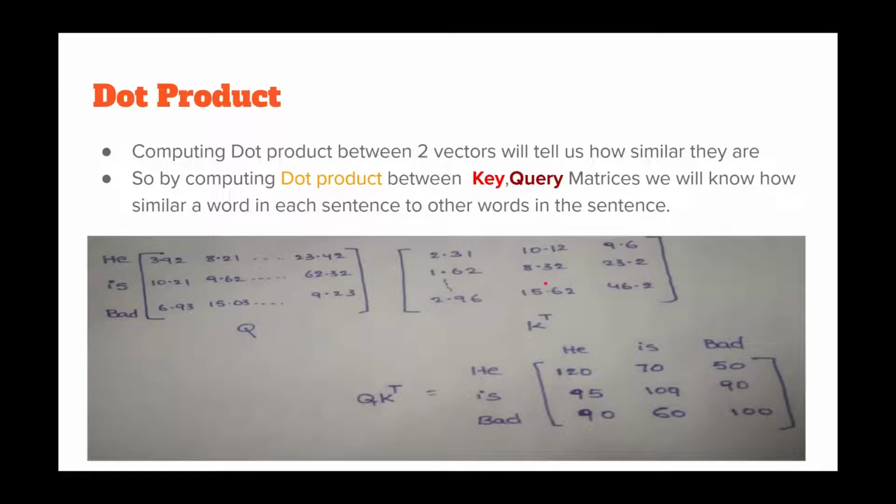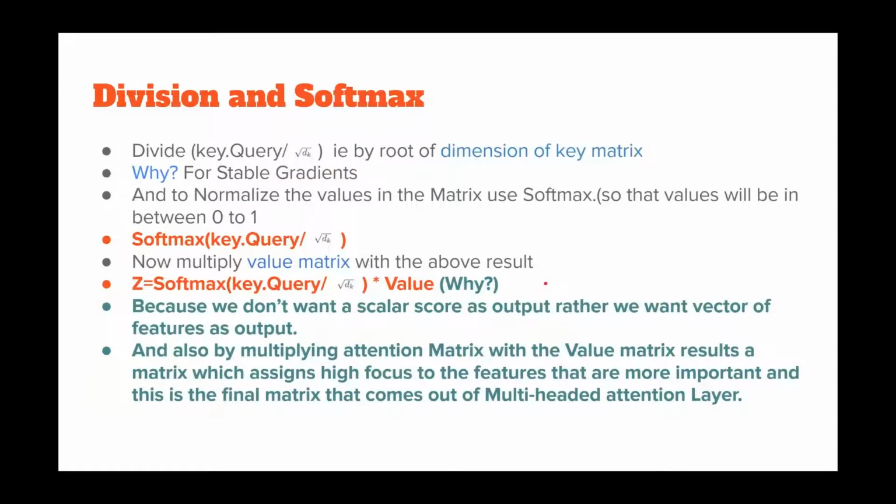We have to do the dot product between the key and query matrices that we generated in the previous step. Once you have done that, you have to divide it by the root of the dimension of the key matrix. Why do you want to do that?